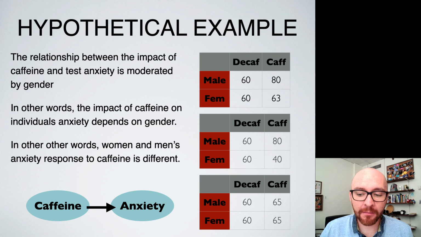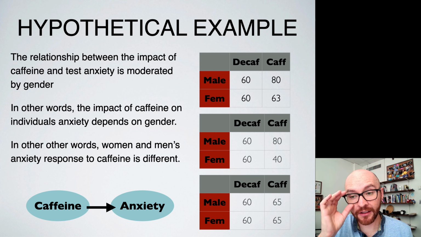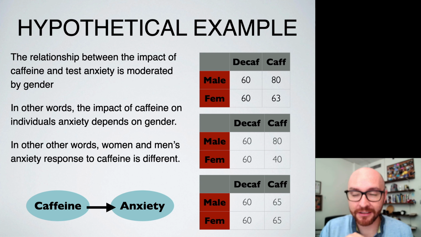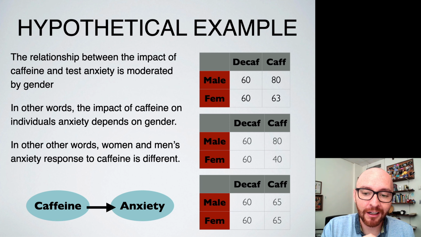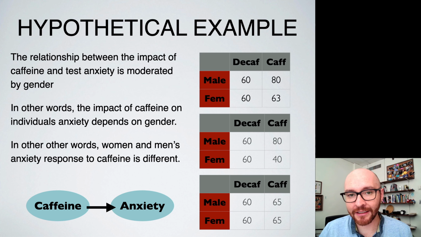But for the female participants, now you're not likely to find this with caffeine, but for some reason, they're reporting a lower anxiety level. Now, these are both situations where gender is a moderating variable. It's moderating the relationship between caffeine and anxiety. Or in other words, the relationship between caffeine and anxiety depends on gender.